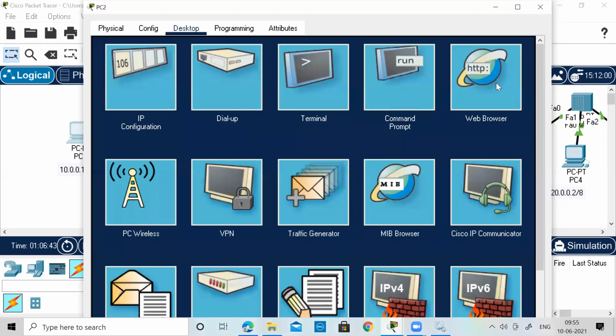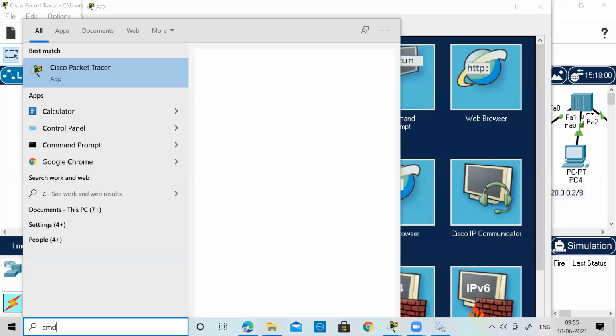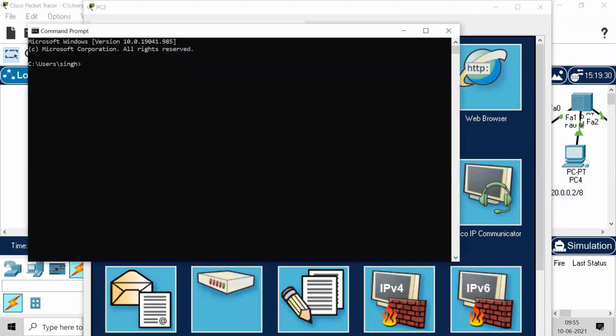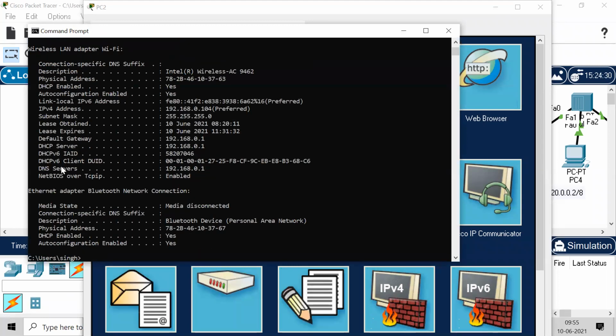Let's say I'm at home, using my internet. This is the thing which is happening even at your home. In your home, you have your DNS server which has already been configured. When you go to your CMD prompt and type ipconfig/all, you will see that the DNS server is configured in your system.